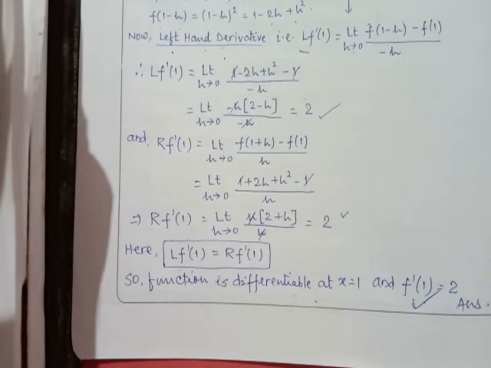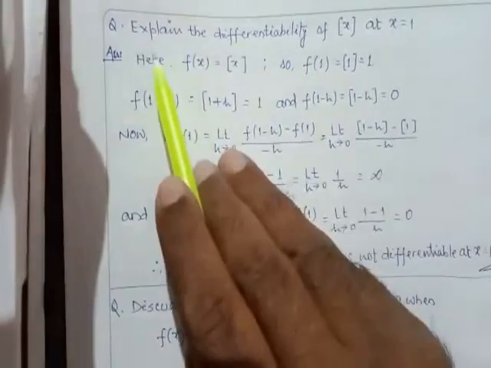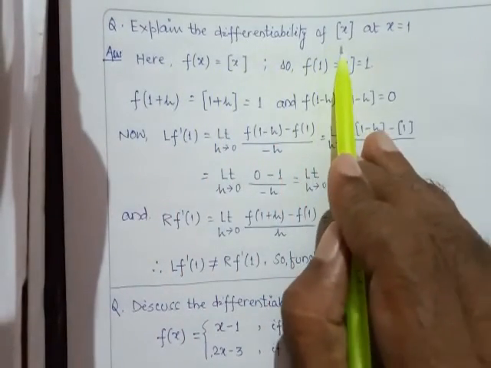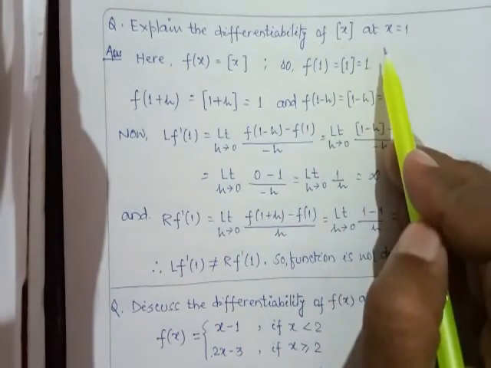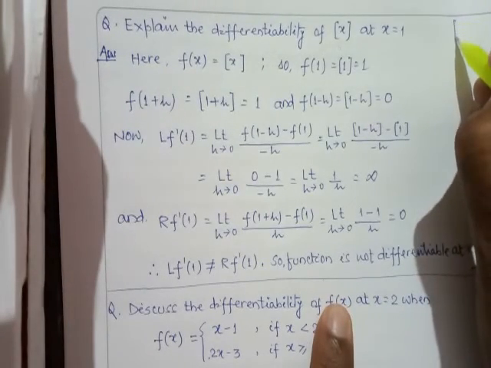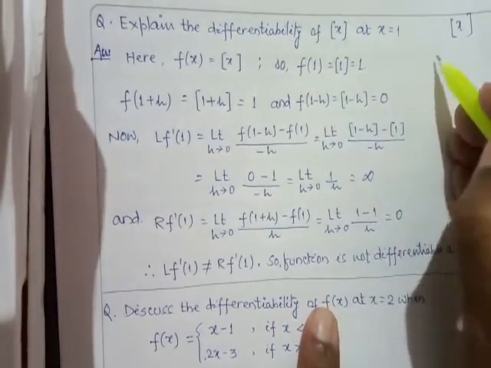Next question is, explain the differentiability of the greatest integer function of x at x equal to 1. So first recall the greatest integer function of x. What was the definition? I have written all these definitions at the start of continuity.